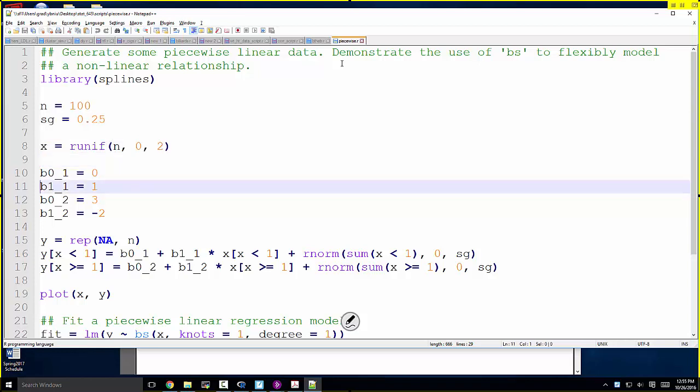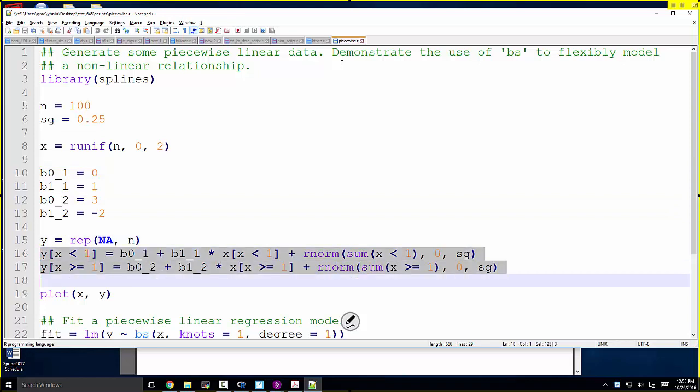And then what I'm going to do down below is simulate from a regression model. But the model is going to have different patterns depending on the value of time. So we're not going to say there's a linear relationship in time.